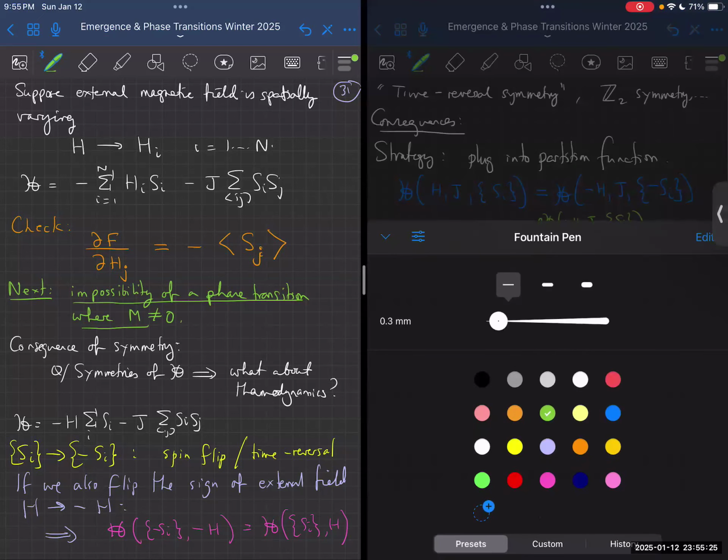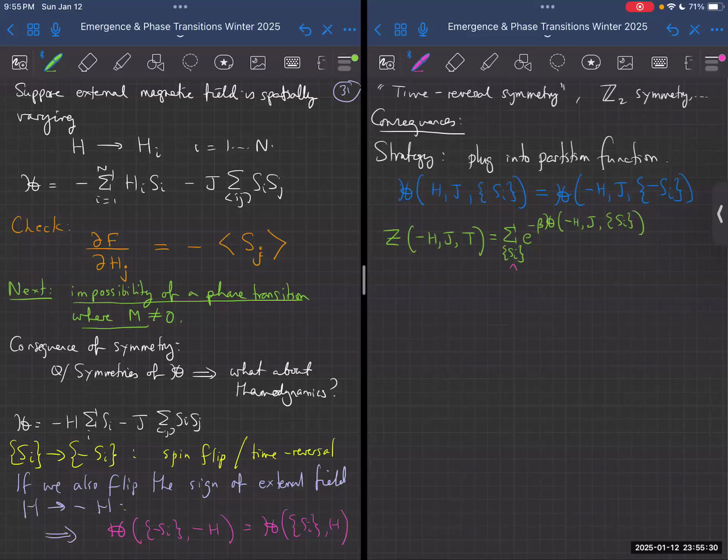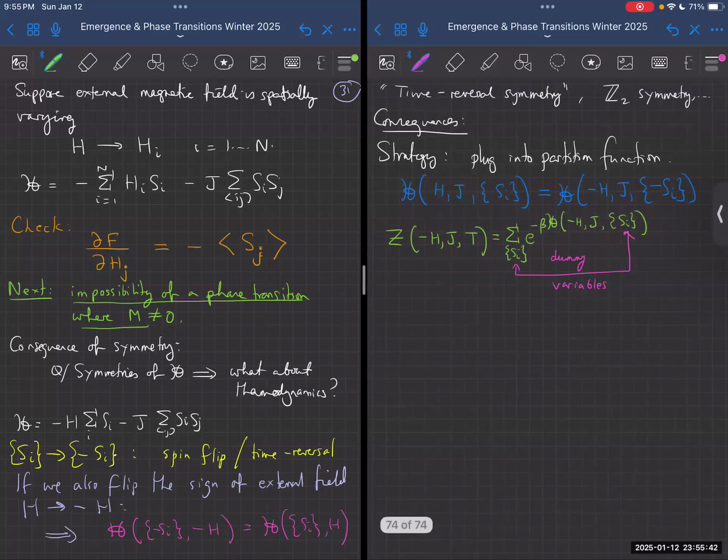Now, remember I make this distinction about what I call dummy variables. So the spins, these are dummy variables, meaning that we sum over them, and so the answer doesn't end up depending upon them. They're like variables of integration. So the answers don't depend on them.